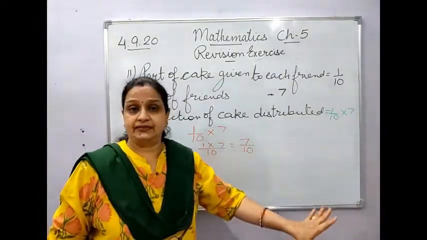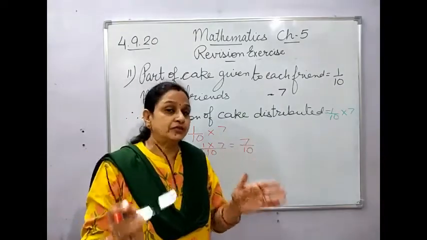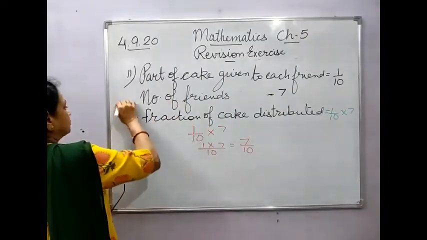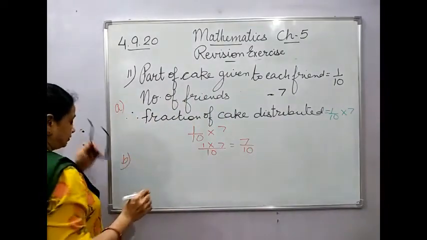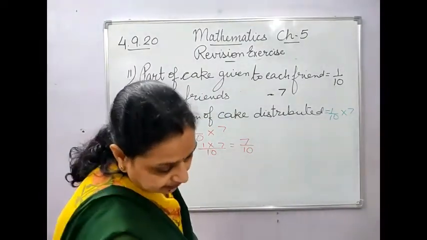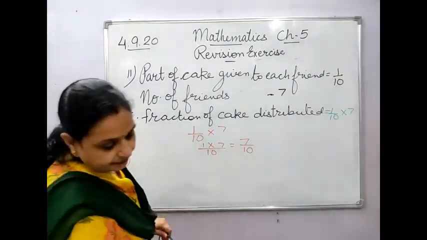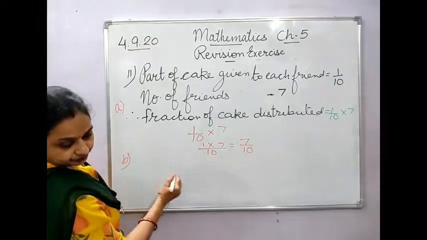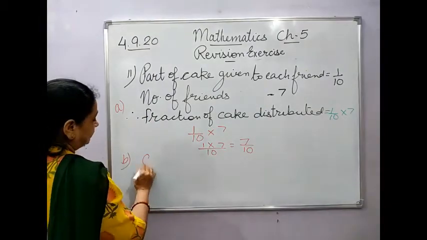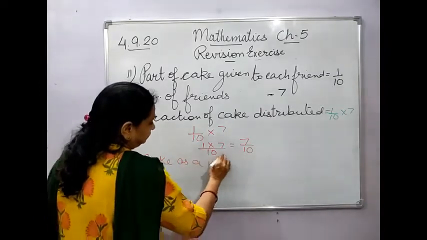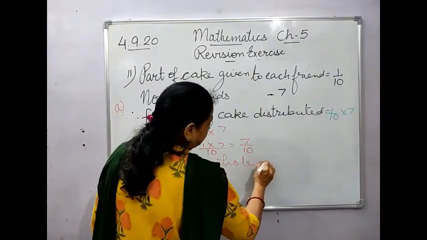Now how much is left? That means you have to subtract it from the whole. And that is the second part. This was your first part. They have asked how much is left, so we will write: cake as a whole is equal to 1.